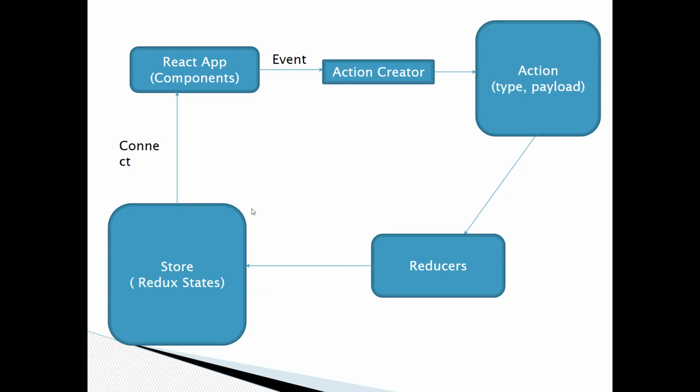The store is like a major hub in which we have all the states. Once the state update is done in the reducer, the store is updated with the updated state, and all the components are subscribed to the store. So once the store is updated, all the UI gets re-rendered with the updated state.